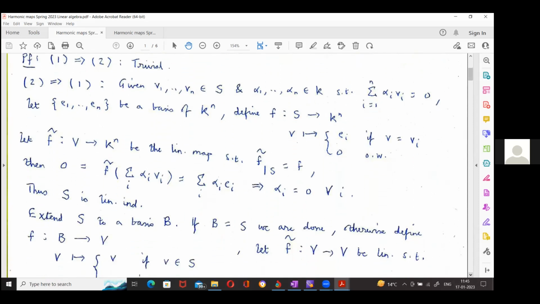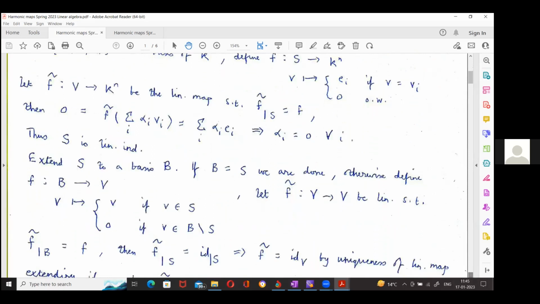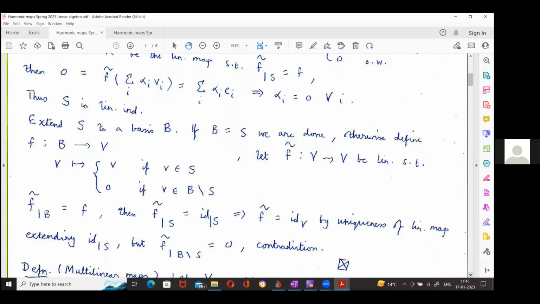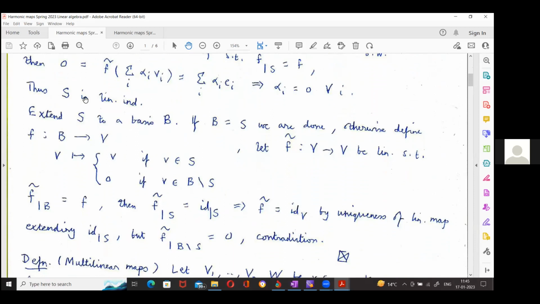And in order to show that the span of S is all of V: since S is linearly independent, again by Zorn's lemma, you can extend S to a basis B. If B is equal to S, then we're done.